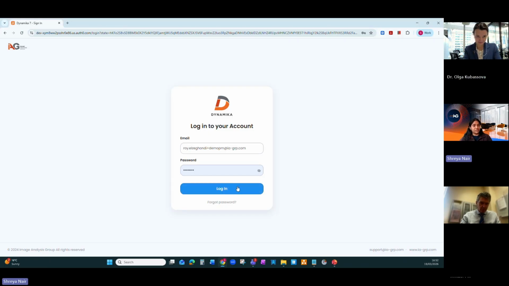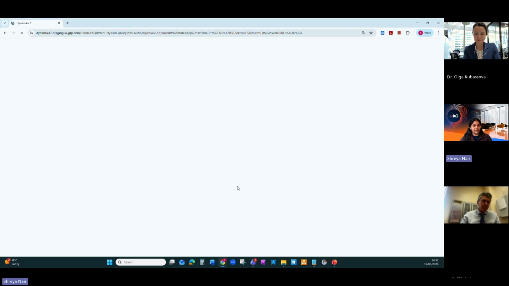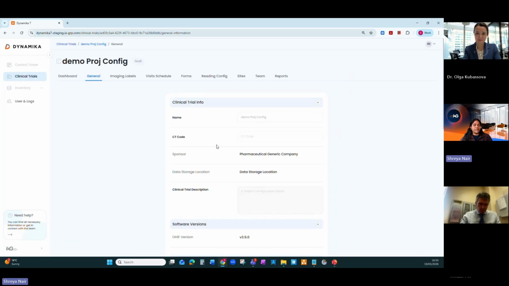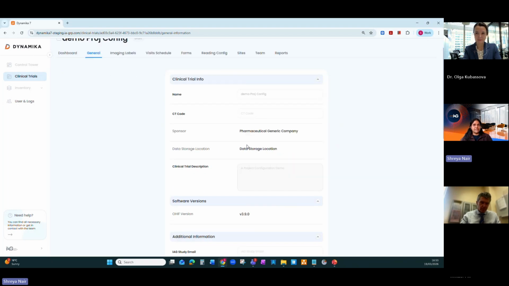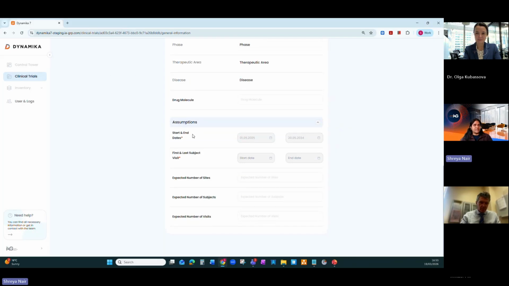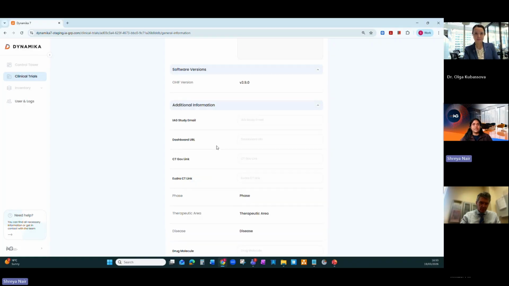So I'm logging in as a project manager right now. That's a different role in DYNAMIKA, and this role essentially helps with configuring the study as well as defining the reading paradigm that is going to be followed. As you can see, I have a list of studies that I'm assigned to. If I go into any study, we need to give certain descriptions for the study, for example some information about the trial, what kind of therapeutic area, what are some assumptions for the subjects coming in, the first and last date as well.